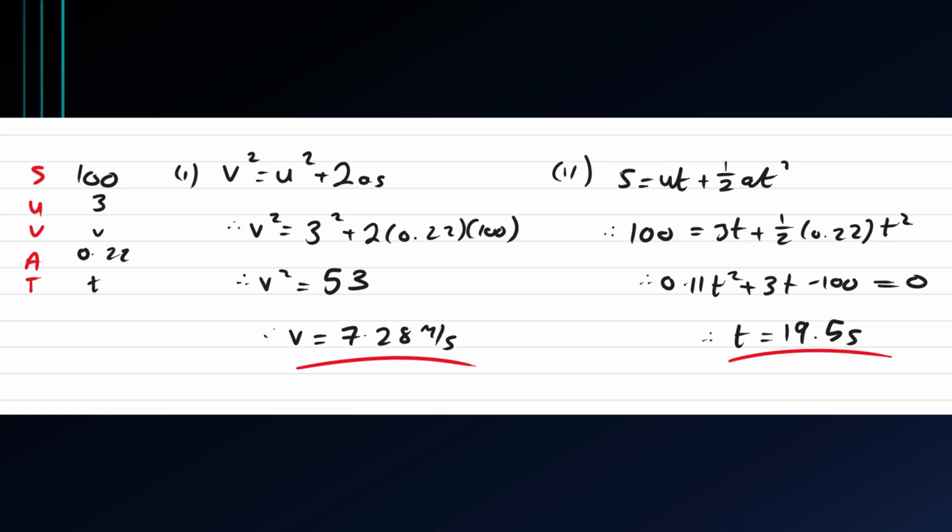Secondly, we're going to ignore V, so we have S equals UT plus 1/2 AT squared. Substituting everything in, we get to this quadratic here. One of the answers will be negative.